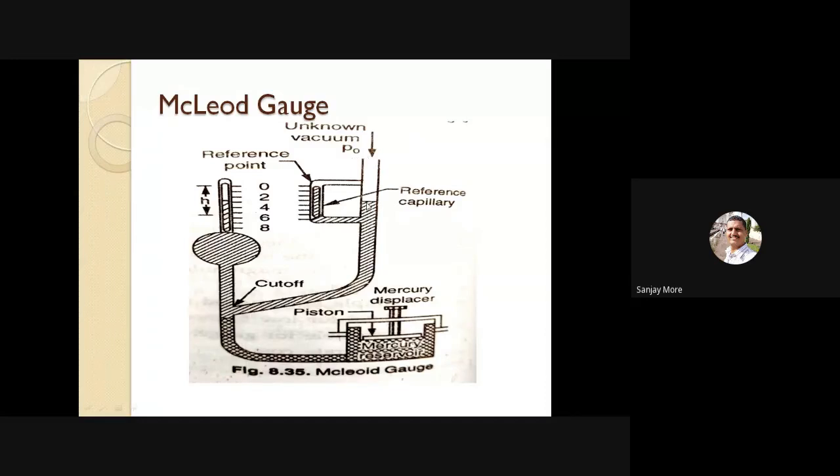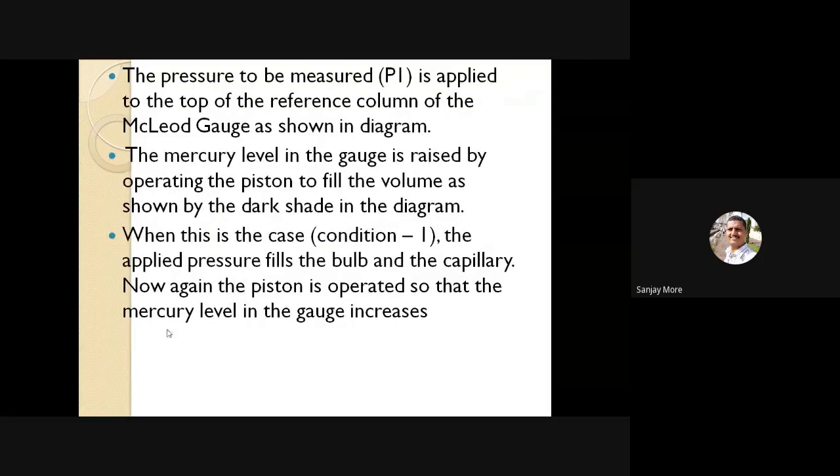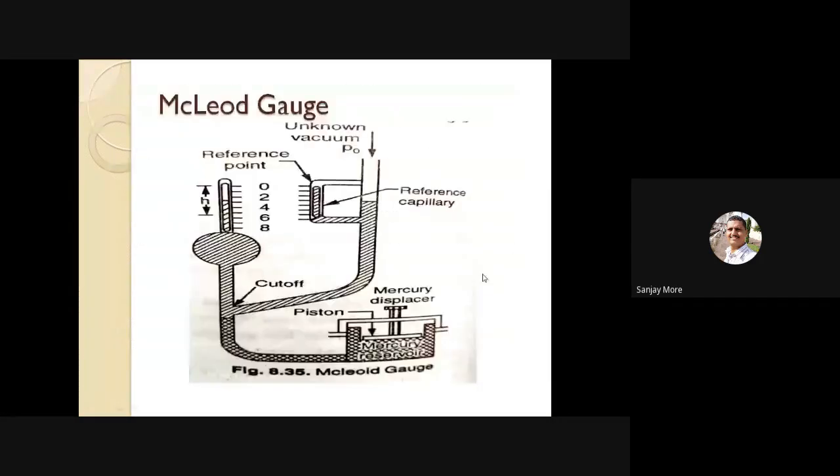Some pressure is there, and here mercury is at the cutoff point. This is condition 1. In condition 1, the applied pressure fills the bulb and the capillary. Here this air pressure comes and fills this capillary and this bulb also.